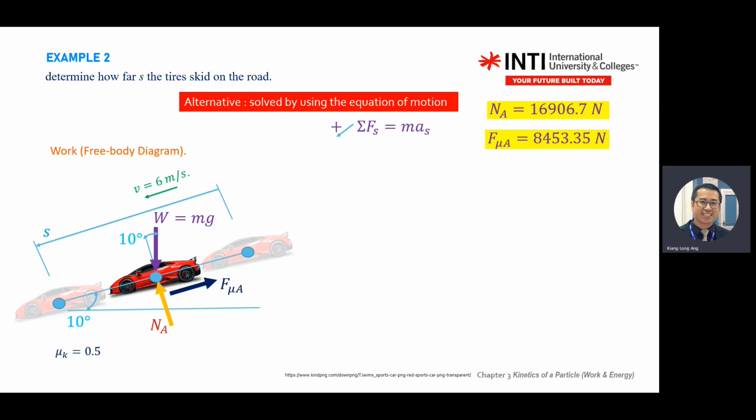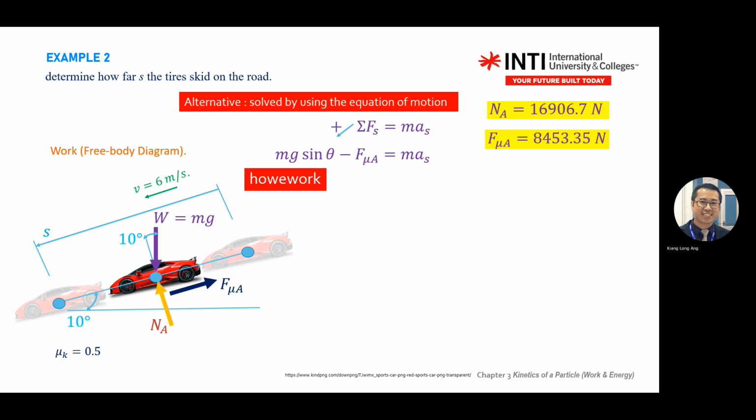This one you split, no, this one you don't have. NA you don't have. So you split your weight, you split your friction, equal to ma. So your A you get is -3. What does negative acceleration mean?